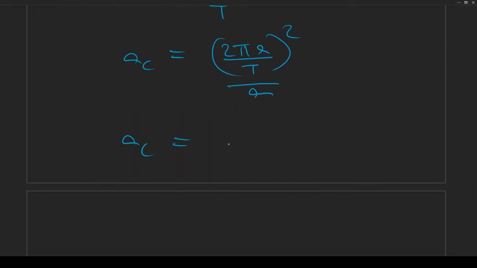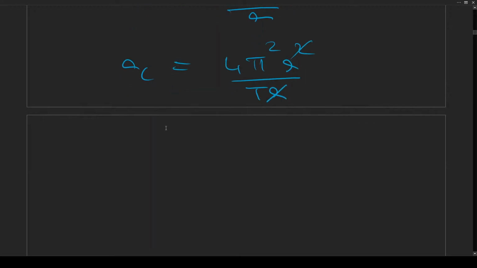So we will get 4π square r square by t square r; r square cancels.